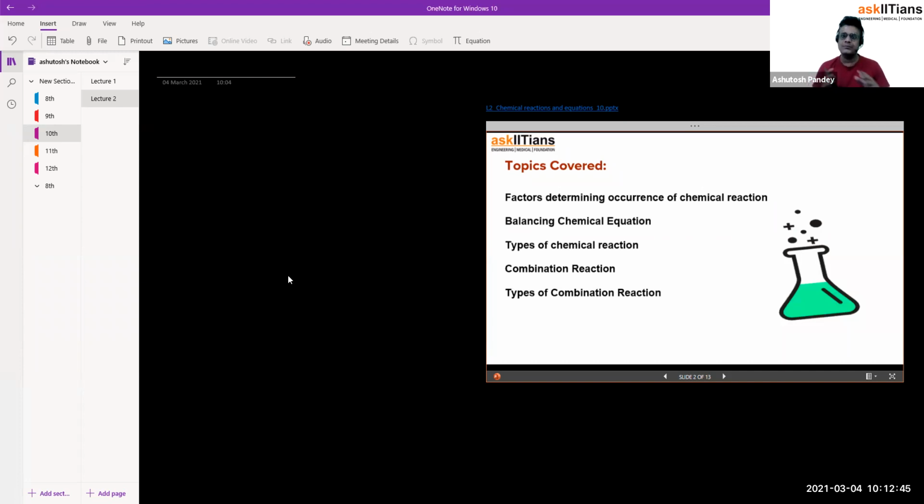These are not all the chemical reactions, but the important, basic ones. And then we will learn combination reaction in detail, and also the types of combination reaction in this lecture.